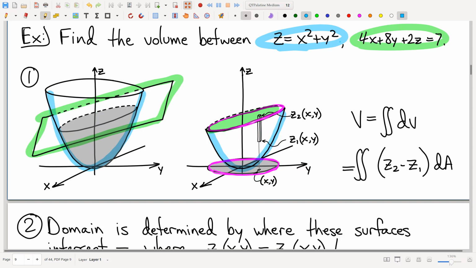For example, what a lot of students will do is say, all right, I guess I need this to equal this then. They speculate. Well, I happened to write this equation like I did here, but I could have subtracted the 7 over to the other side and had a 0 on the right-hand side, in which case I'd be setting x squared plus y squared equal to blah, blah, blah, minus 7.